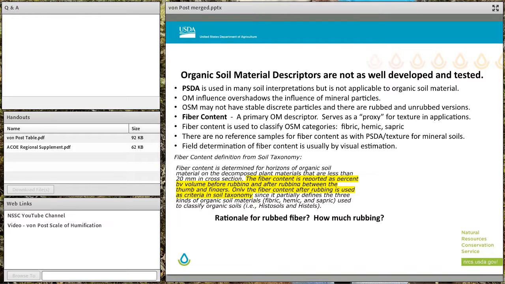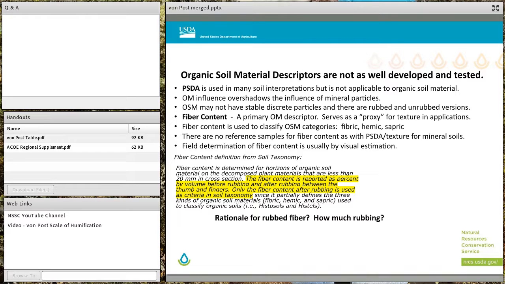Technically, you could determine PSDA, but at a relatively low organic carbon content, the characteristics of the mineral particles are overshadowed. So a different system of describing and using organic soil materials is needed.